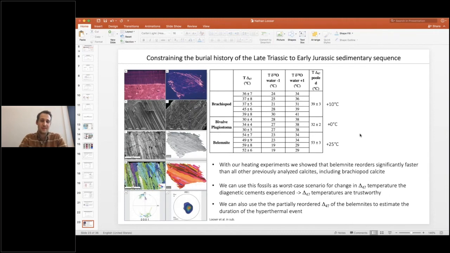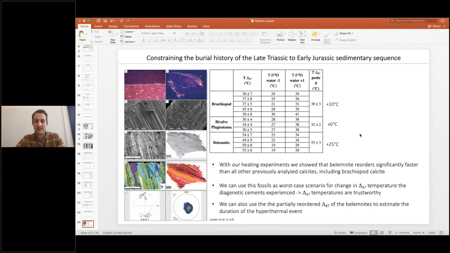With our heating experiments, we then showed that belemnite always reorders faster than all other previously analyzed calcites, including brachiopod calcite. So we can use fossils and especially belemnites as worst case scenarios for change in delta 47 temperature of the diagenetic cements.